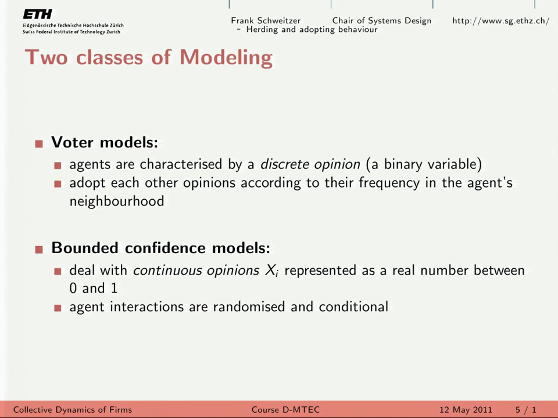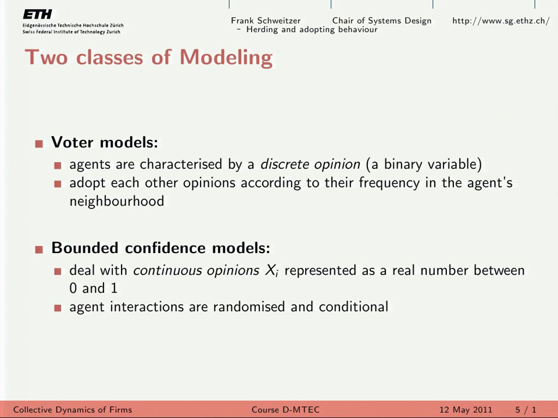You assume that an agent is characterized by one of two states, 0 or 1. This can stand for anything, right? Let's assume it's an opinion or something. And then this agent can adopt this state according to the number of other agents in the neighborhood that have the same or a different opinion or state, right?